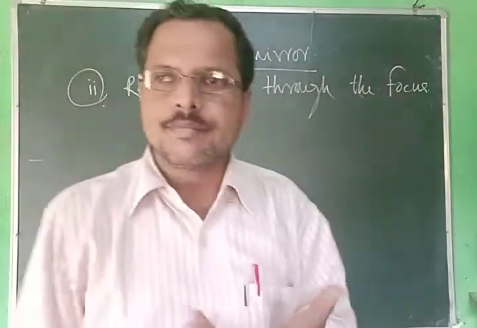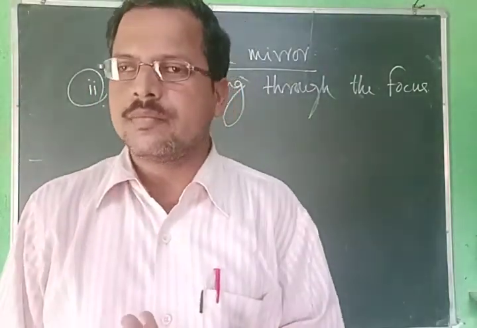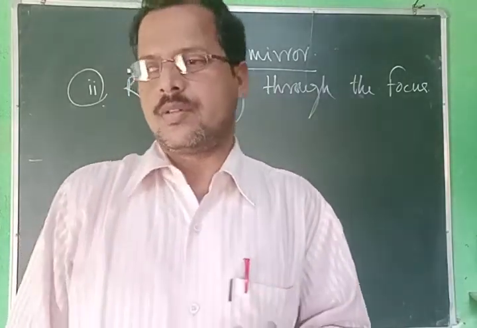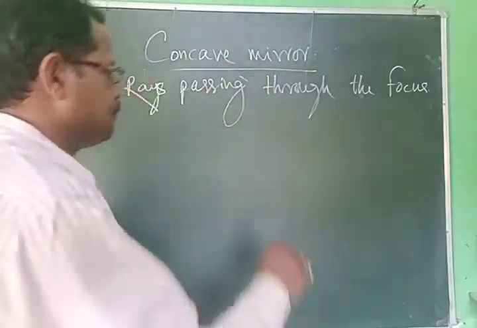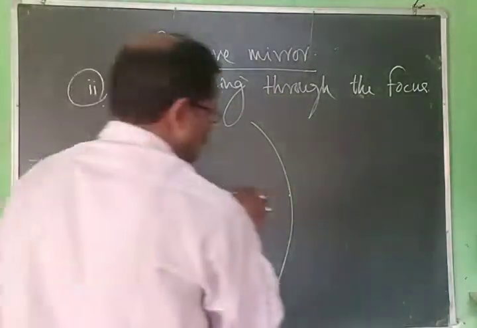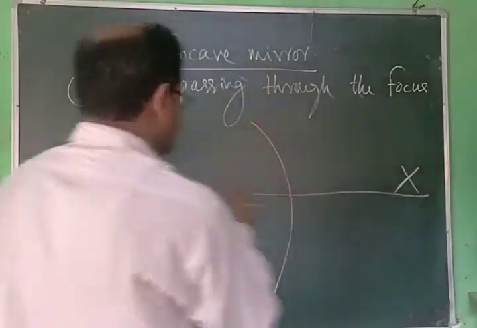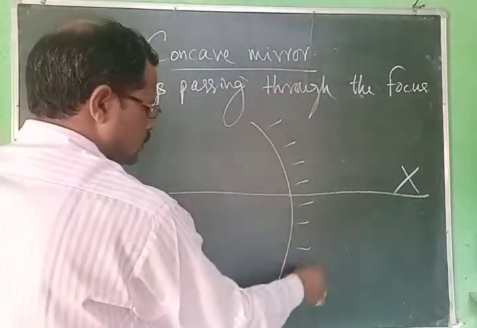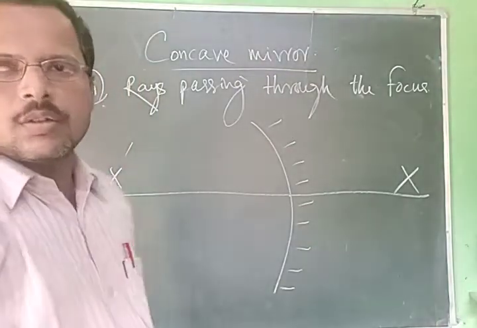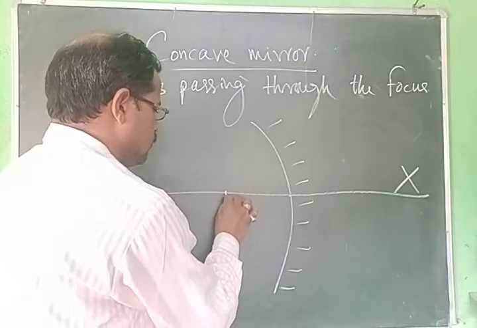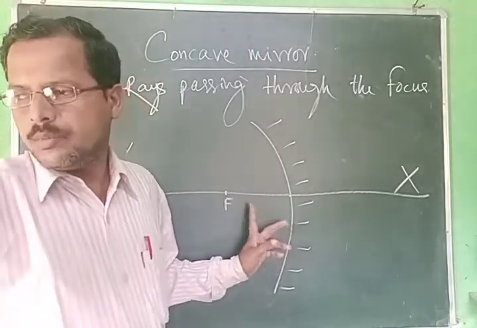What happens when the incident rays are through the focus, the principal focus? This is the principal axis. Okay. This is the back side of the mirror, as you are reading concave mirror. So suppose this is the focus. This is the principal focus.